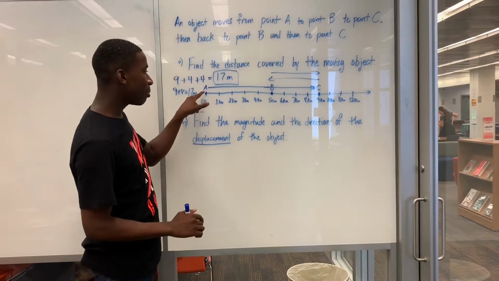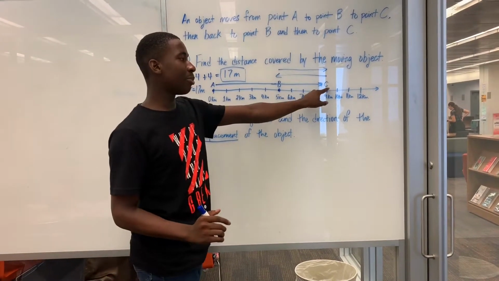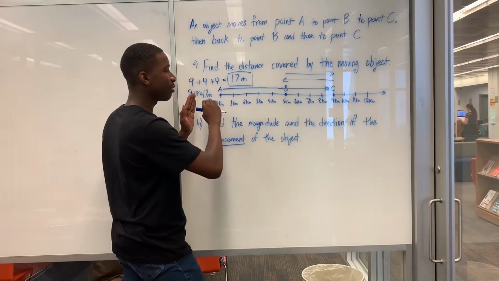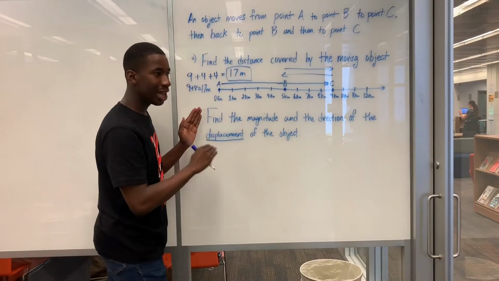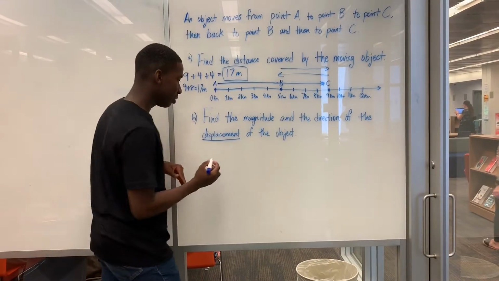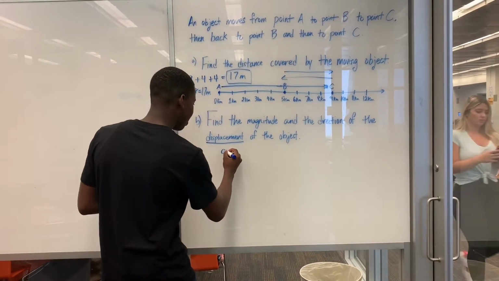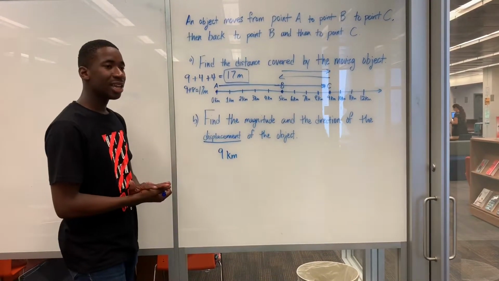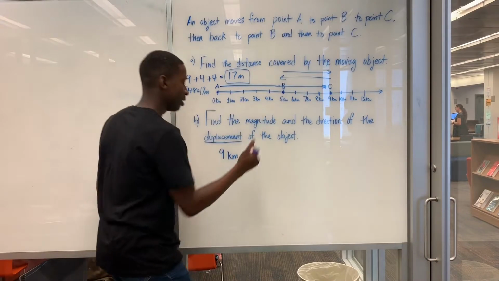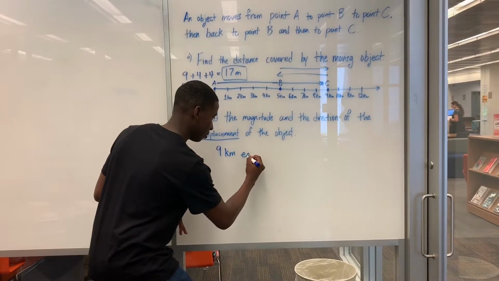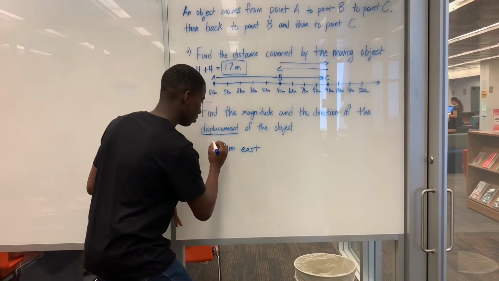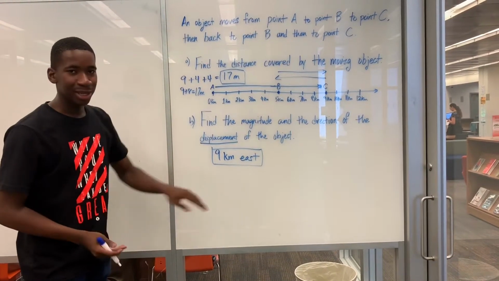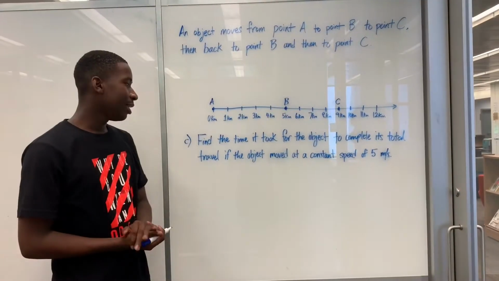So here we started at point A and we ended at point C. So our displacement would be exactly from A to C. And how much is that? 9 kilometers. So our displacement would be 9 kilometers. And let's say the direction is east. And that's our displacement.